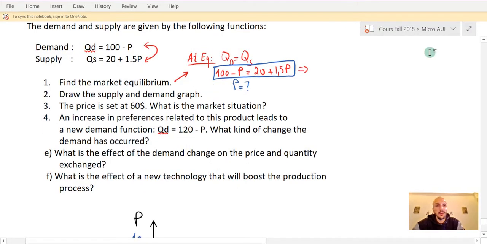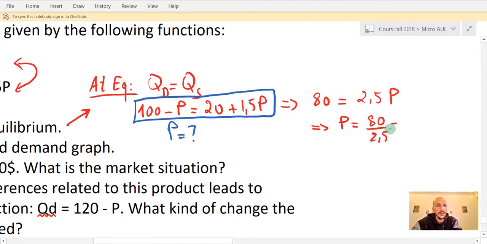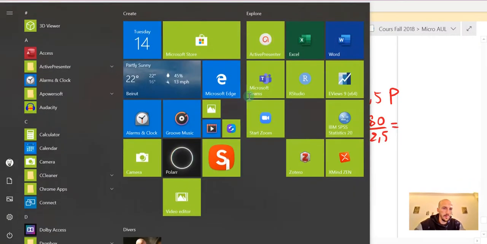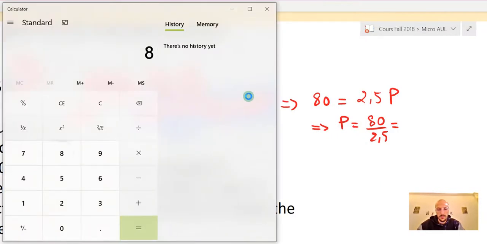So based on this equation here, we can say that 100 minus 20, we will have 80 equals P, we will take it again, plus 1.5 P, 2.5 P. In this case, P will be equal to 80 over 2.5. So I don't know if it is 40 or something. So let's do it here. Calculator.